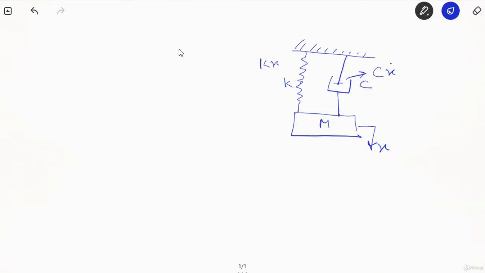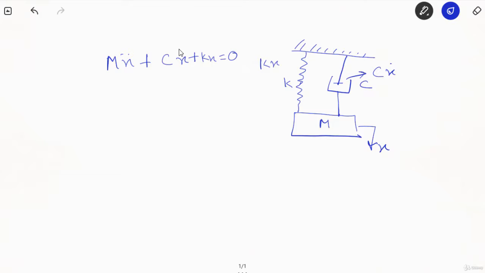The differential equation of this kind of system, which has been associated with the damper, is again given by Newton's second law, which is inertial forces: mass into acceleration plus c x dot, which is the restoring force, and another restoring force is the spring force. This we can get from the energy method as well, right?